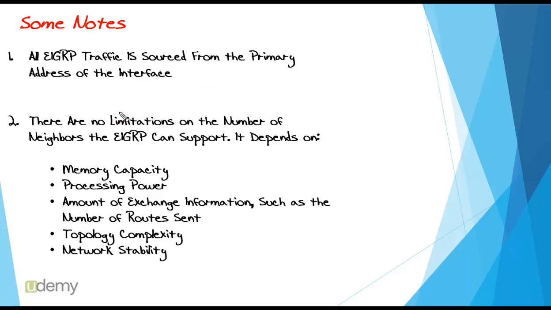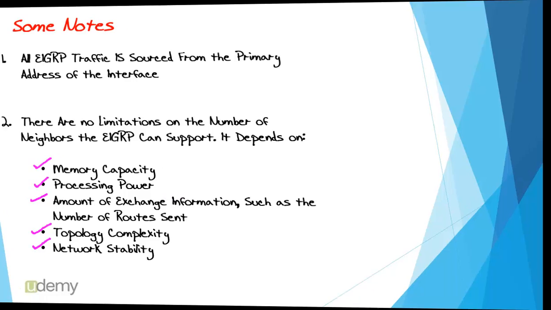The second note is there are no limitations on the number of neighbors EIGRP could support, but it depends on memory capacity, processing power, meaning your CPU, the amount of exchanged information such as the number of routes sent, topology complexity, and network stability. So if you want to design a big network and use EIGRP as the routing protocol, please keep these parameters in mind when you're designing your network.